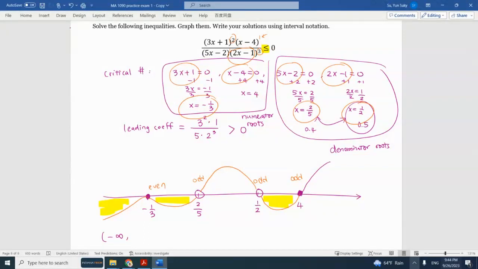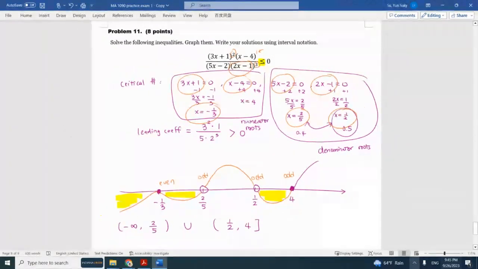So you can keep going until you reach 2/5, and open circle, so parentheses, union 1/2 to 4, and we include 4, so brackets. So this is the answer. Okay, and this is the answer of the last problem.